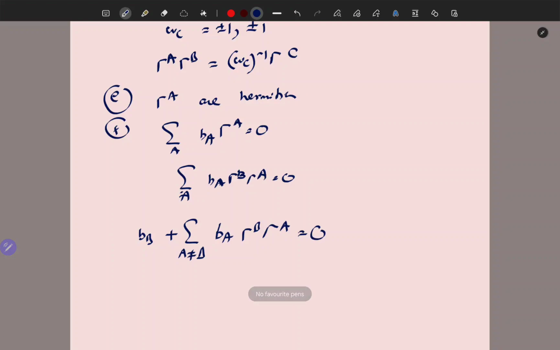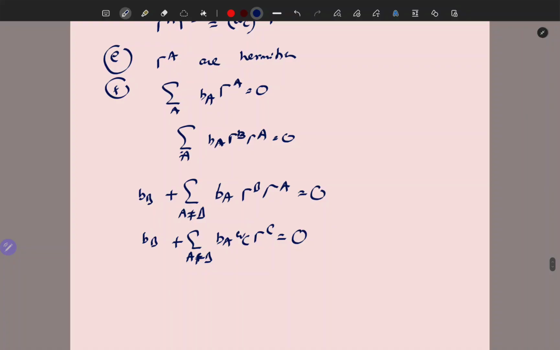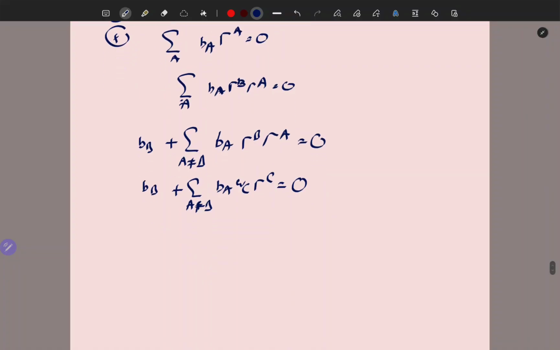That can be written as b B plus summation over A not equal to B of b A omega C gamma C equal to 0, using the arrangement D, and taking the trace of the equation using A, where A equal to B, the term is isolated and gamma C will not contain I, then we find b B equal to 0.